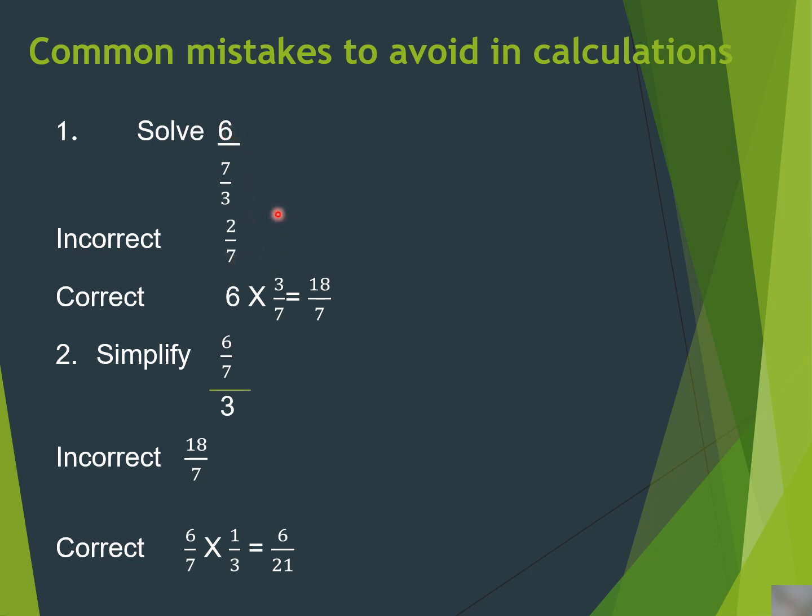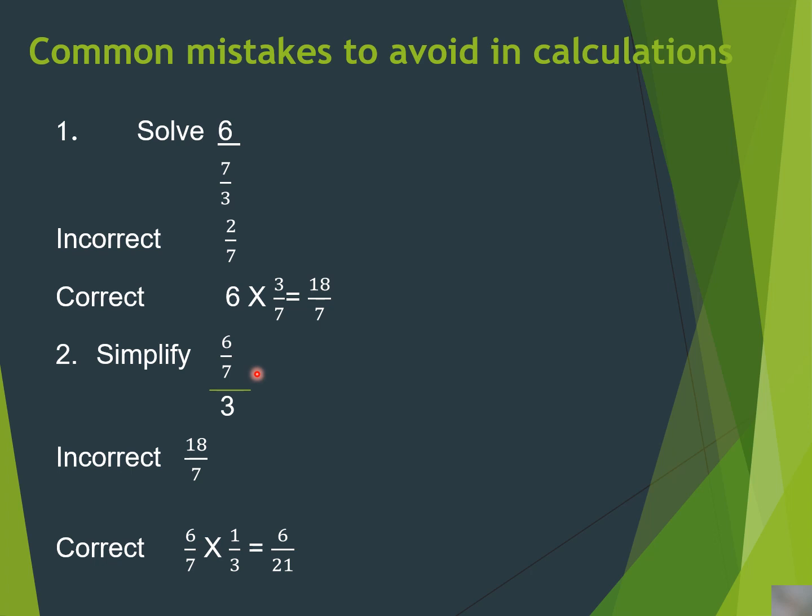But actually what is happening, we are taking 6 from the numerator, multiplying it, and then taking the reciprocal of the denominator and writing it 3 by 7. So when you solve this, you are getting 18 by 7, which is completely different from the incorrect answer. Now in the next example, I have taken 6 by 7 in the numerator and 3 in the denominator.